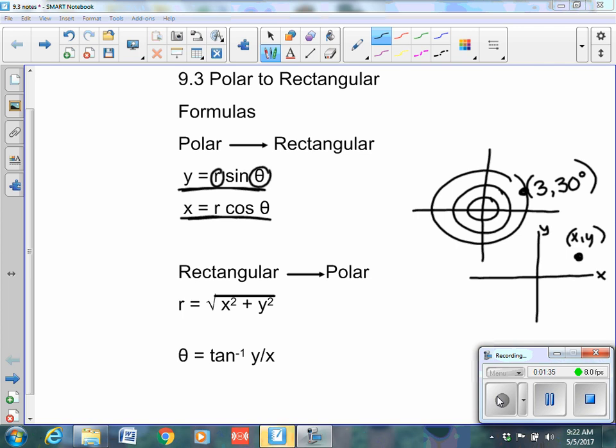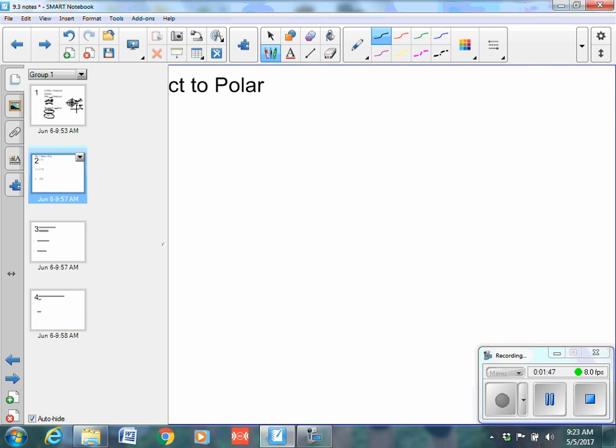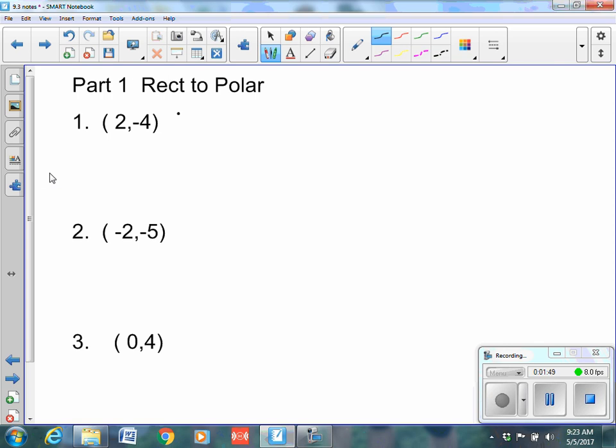And then in order to put it back into polar, we're going to use this formula. It'll be easier just to explain it to you as we go. So here we go. We're going to learn how to go from rectangular to polar. So this is x, this is y, this is x, this is y, this is x, this is y.